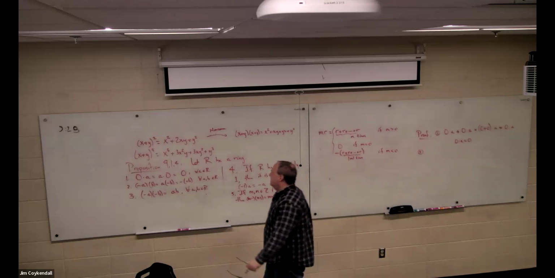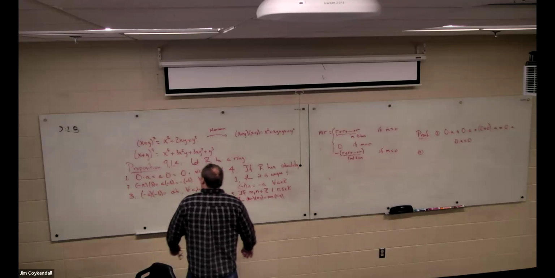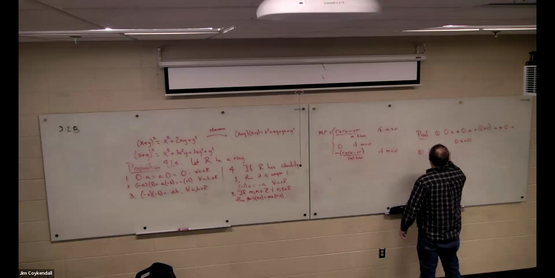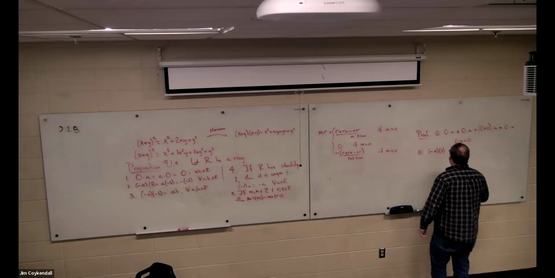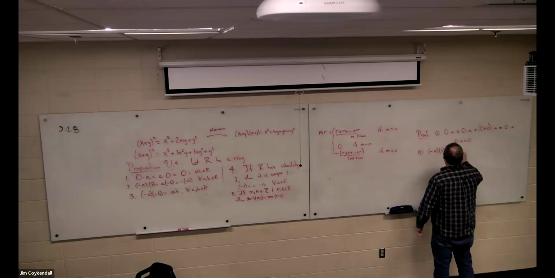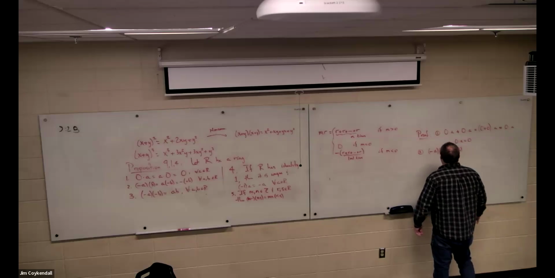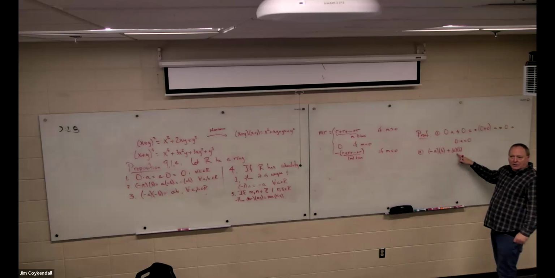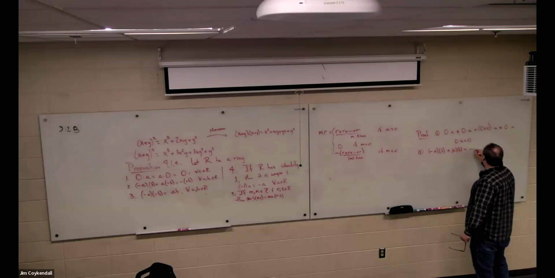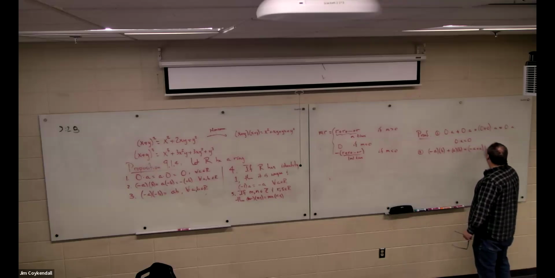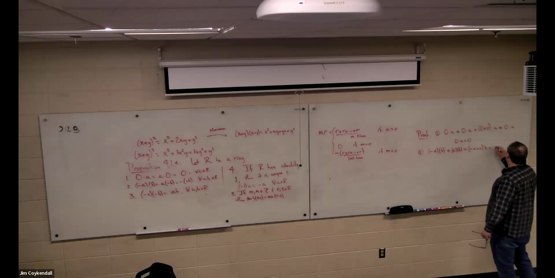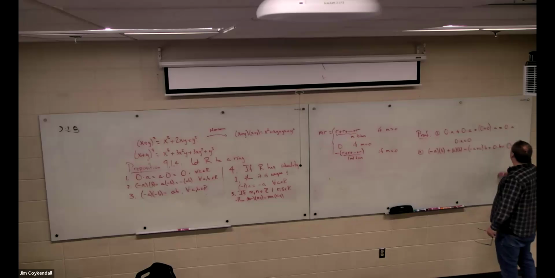Number 2. So if I look at negative A times B plus A times B, again, I'm going to use the distributive property. I can write this as negative A plus A, times B. Basically, I can pull a B out of that side, right? But this is 0 times B, which by the previous part we know is 0.